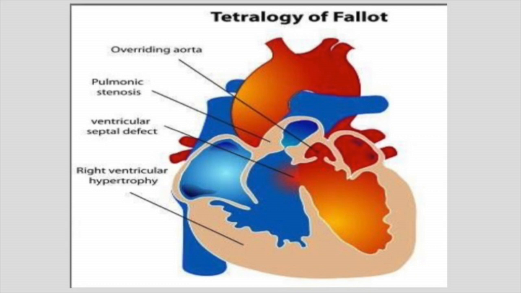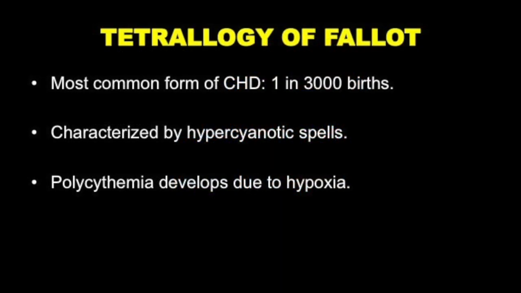And the VSD is what would allow the mixing of the blood, and that is what gives the cyanosis and persistent hypoxia. So these children with tetralogy of Fallot usually have hypercyanotic spells and have polycythemia, which is a compensatory mechanism to the persistent hypoxic states that they usually have.